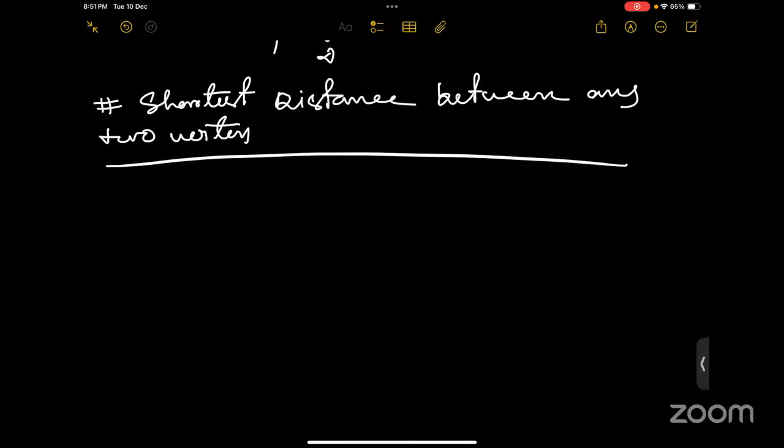And the method we will follow is called Warshall's method, or Warshall's algorithm.